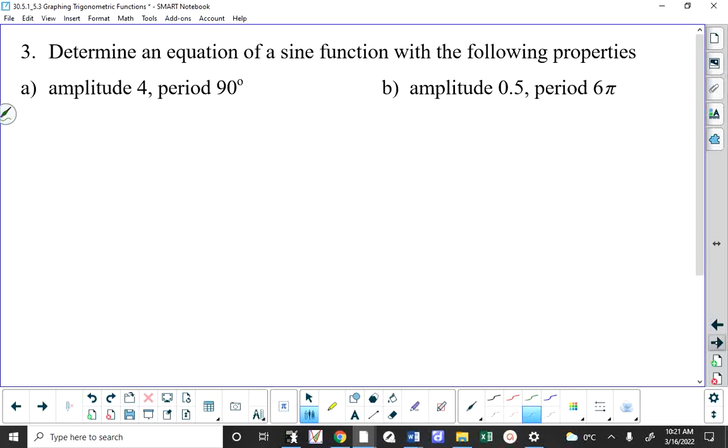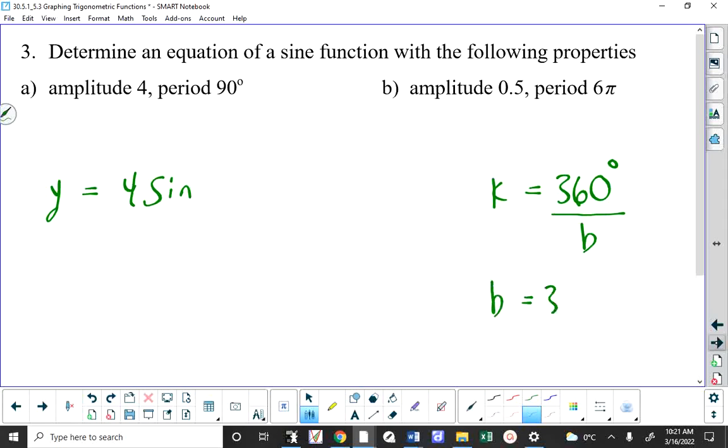What's an equation of a sine function that has an amplitude of 4 and a period of 90 degrees? Now, the only other thing we need to talk about briefly here: if the period is 360 over b, and I'm using 360 instead of 2 pi, when you rearrange this, you get b equals 360 over the period.